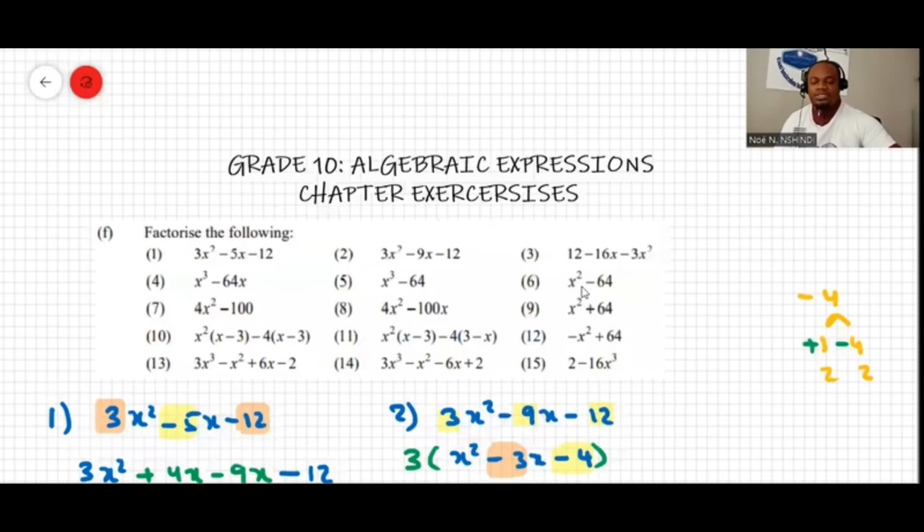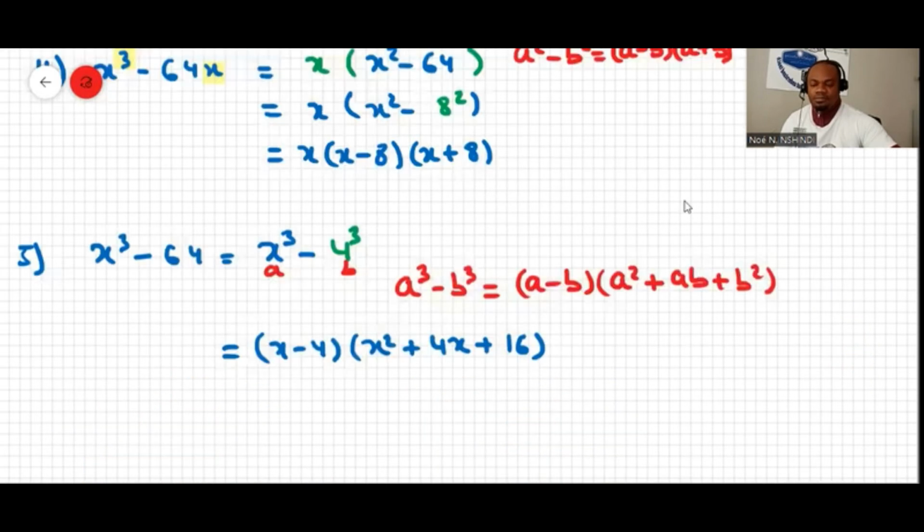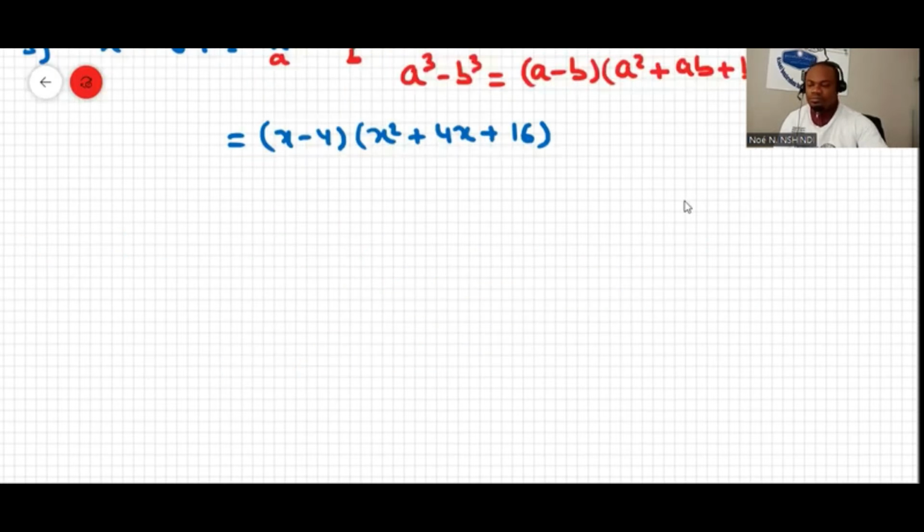And then question 6 says x squared minus 64. You have x squared minus 64. Over here, we can solve this by the difference of two squares, because this is x squared minus 8 squared, since 64 is 8 squared.